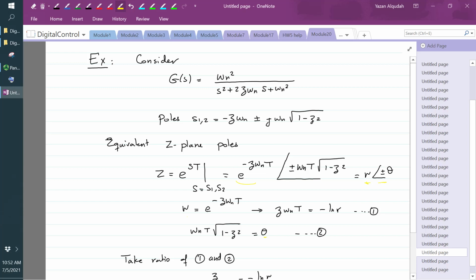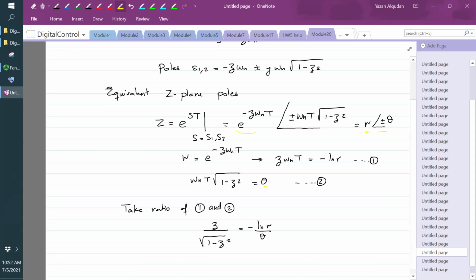Therefore from here I can take the natural log of both sides. It's going to give me zeta omega n multiplied by T equal to negative natural log of r. And if I take the ratio of 1 and 2, if I divide them by each other, I'm going to get zeta over square root of 1 minus zeta squared equal to negative natural log of r divided by theta.